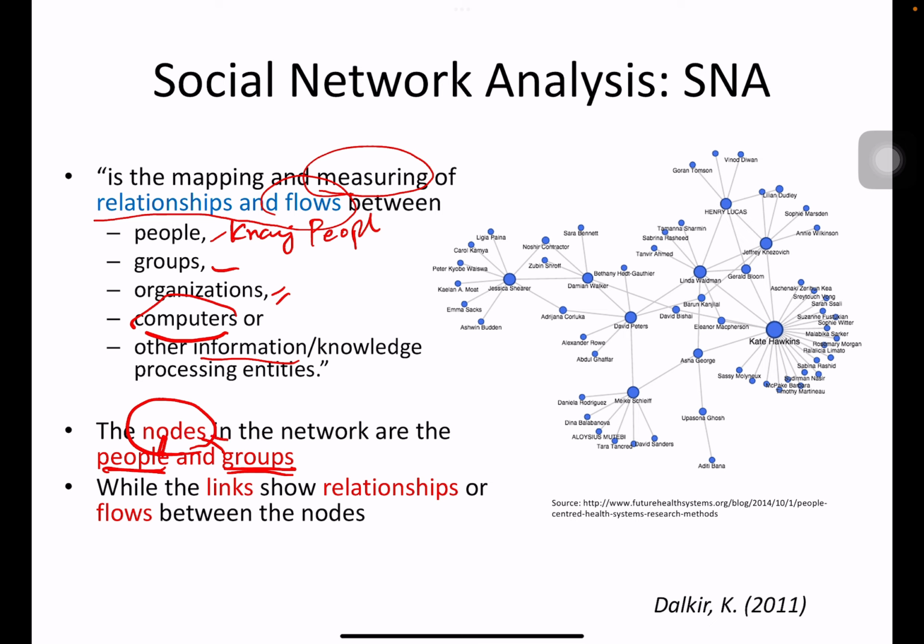A node is equal to a knowing person or a knowing group of people. And the link shows the relationship or the flow between the nodes.